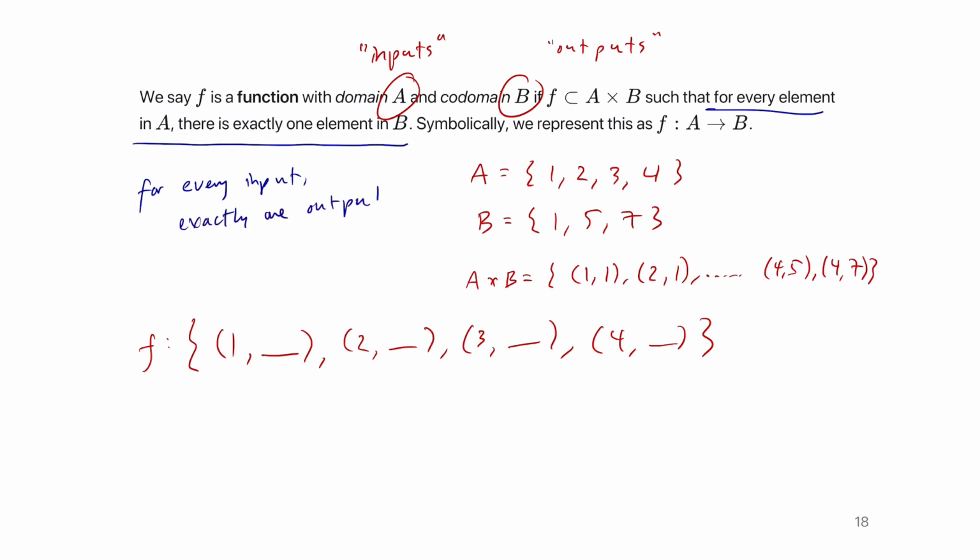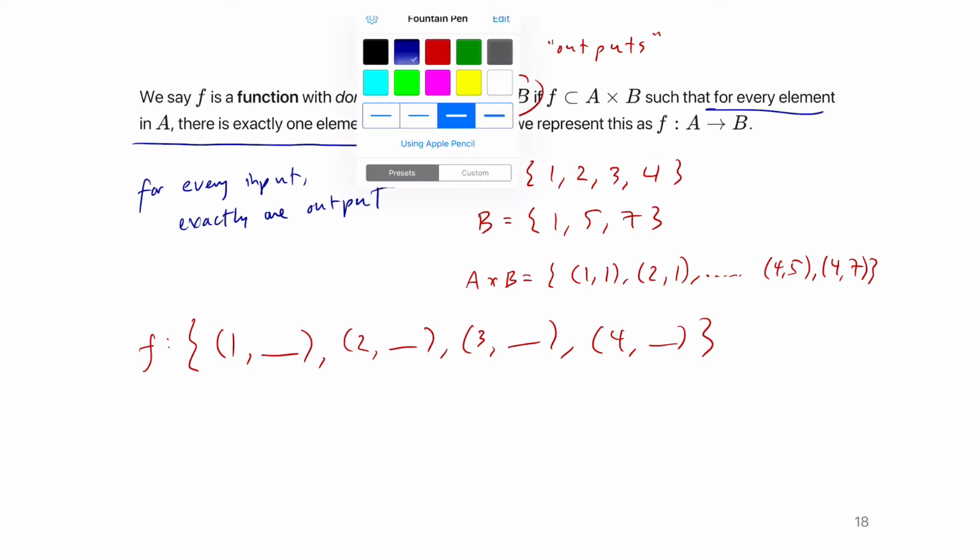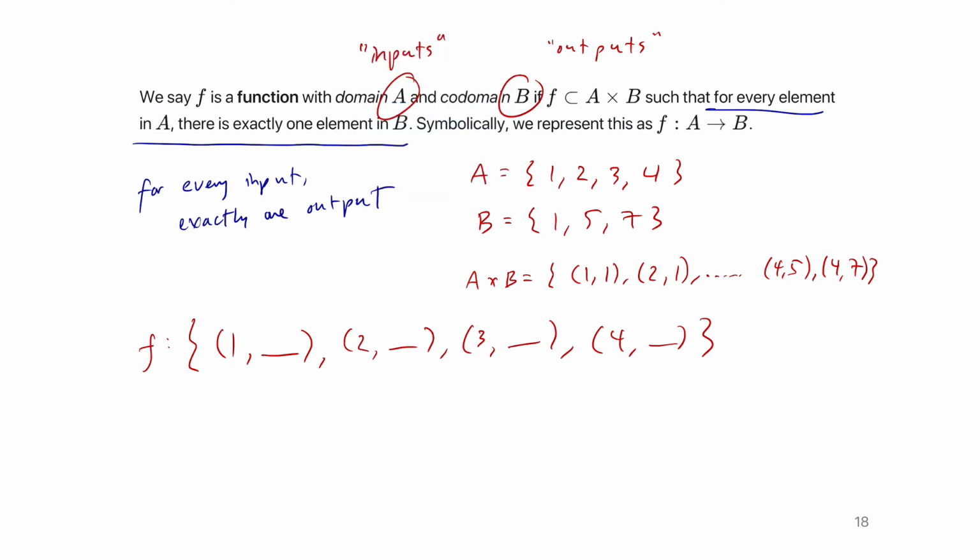Is that okay? So a potential function that we could create is, I don't know, 1, 1, 2, 1, 3, 5, 4, 1. That's a function. It doesn't matter that the output elements are repeated.